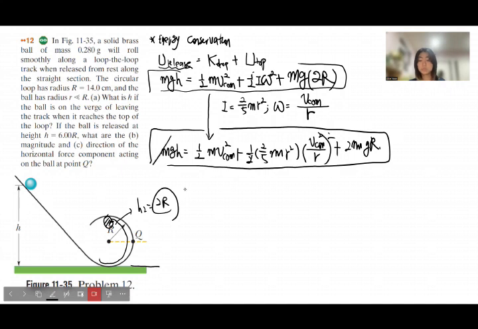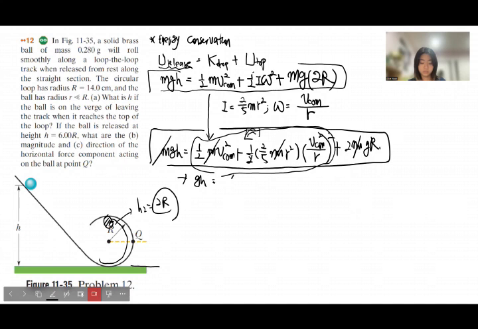So you take the mass out of this formula, and that can be simplified. gh equals 1/2 m v... actually, you can add the first term and second term together, because basically you take the omega out of the equation, which makes the first and second terms a single term.